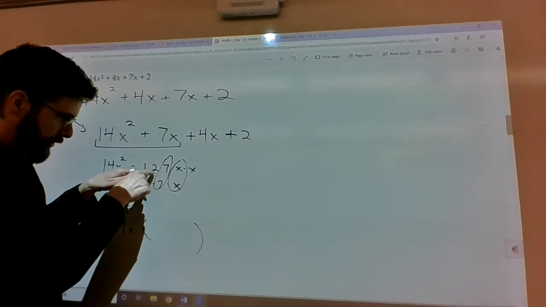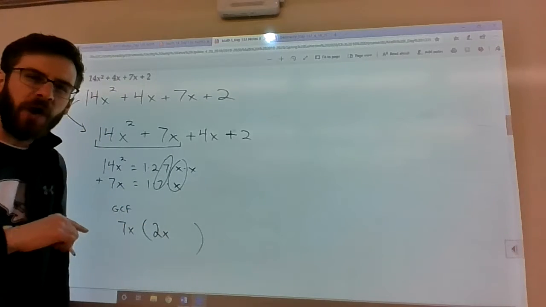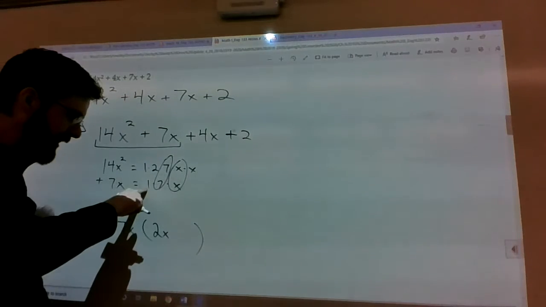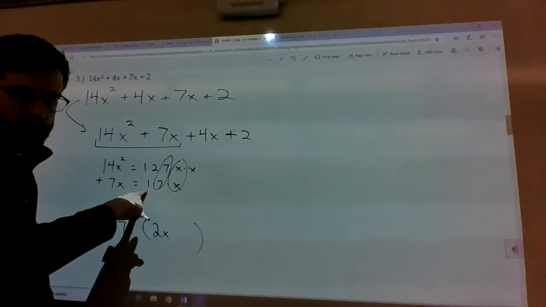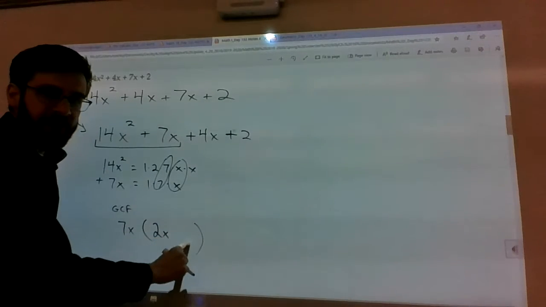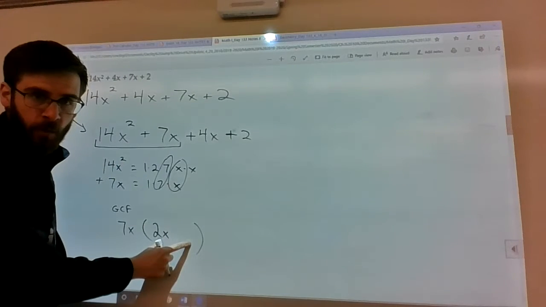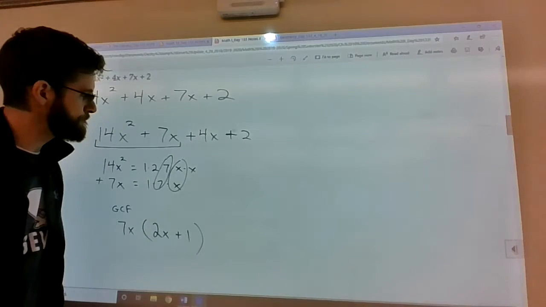My leftovers are 2x. And this is why I didn't circle the ones, just to show you that if I circled everything, there's technically a 1 left over. I don't want to leave this spot vacant because there were 2 terms up here, so there should be 2 terms down here once factored. So a positive 1 remains.